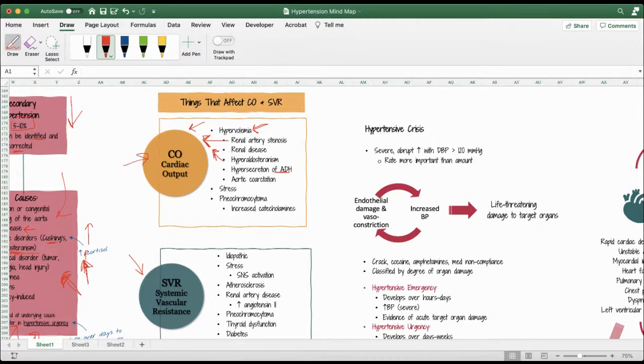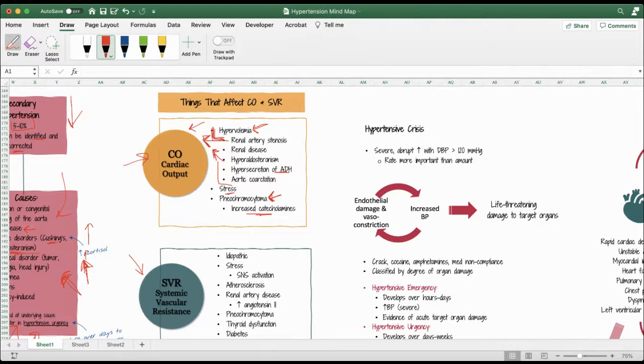You would understand hypersecretion of ADH, right? That's going to cause you to retain a lot of fluids. And all of these are kind of under this hypervolemia, so that's a clue as to how they're increasing cardiac output. Stress we talked about. Pheochromocytoma is, I believe, a tumor on the adrenal gland, so that will increase catecholamines because it sets off this whole process.